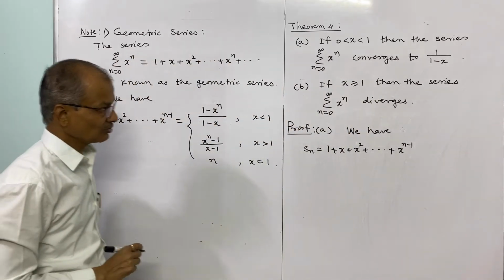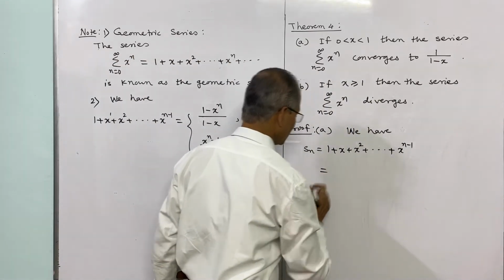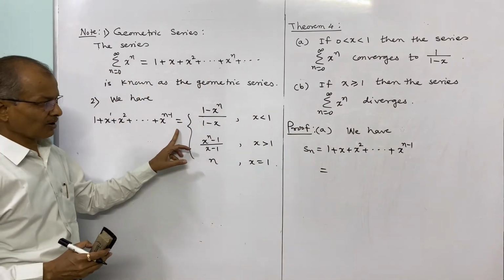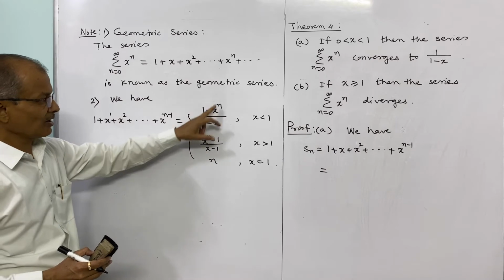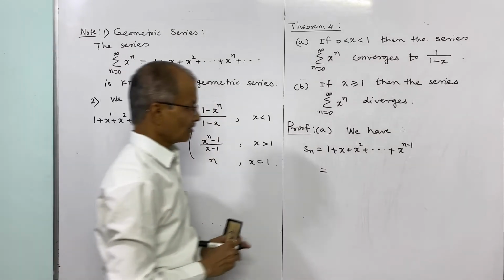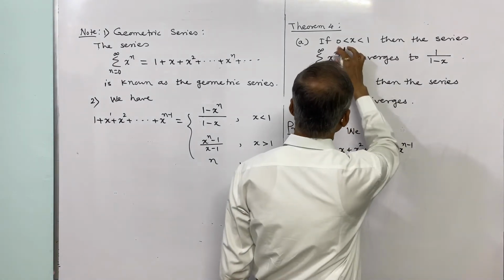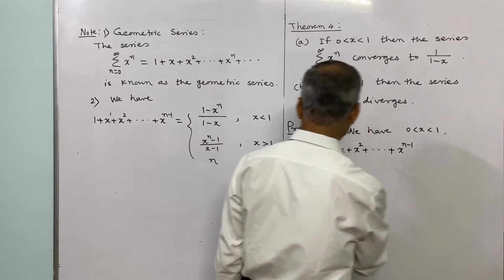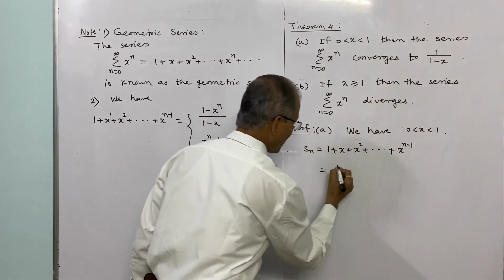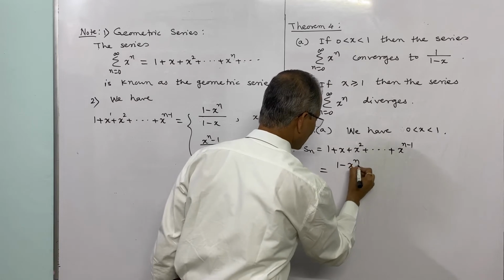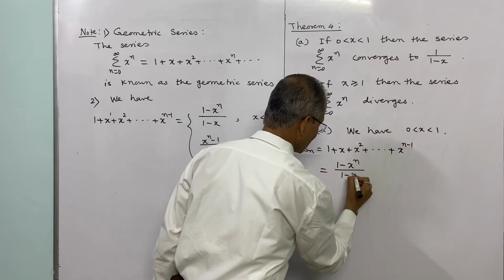Thus we should add this using the formula, and we have written for that purpose this formula: 1 minus x to the power n divided by 1 minus x. This is the condition here, we have 0 is less than x is less than 1, and therefore Sn becomes 1 minus x to the power n divided by 1 minus x.